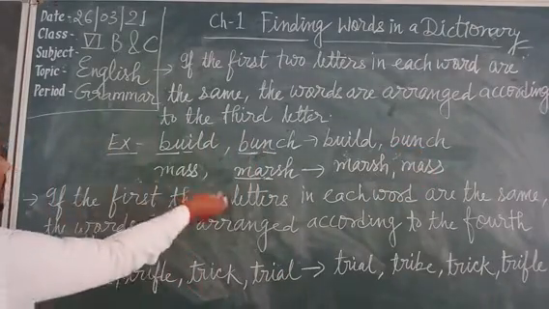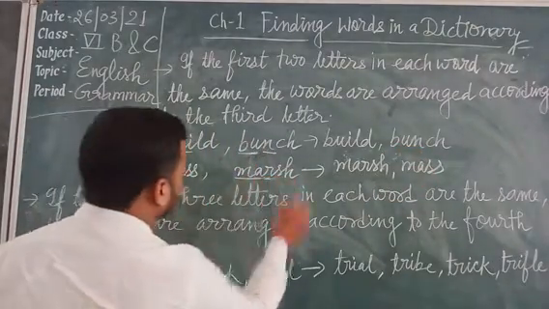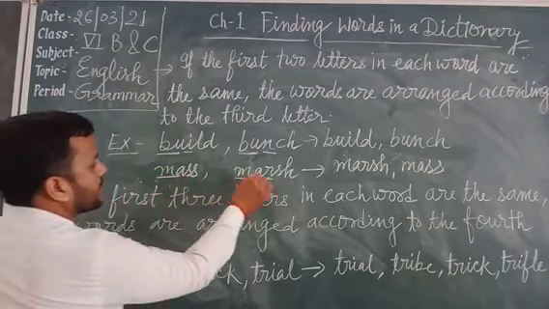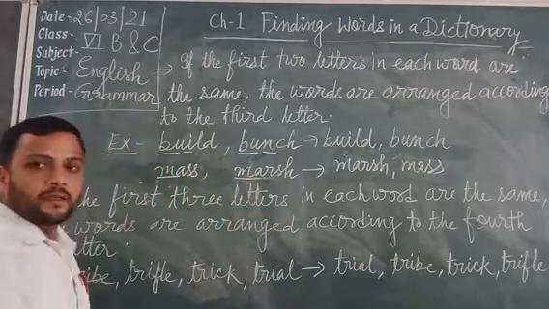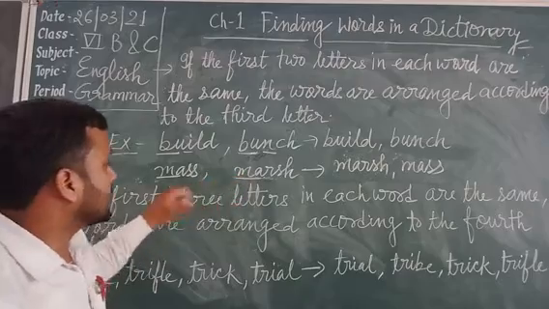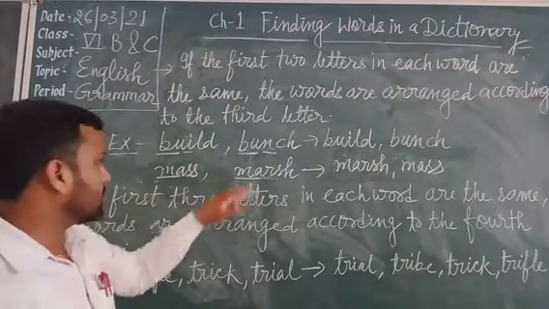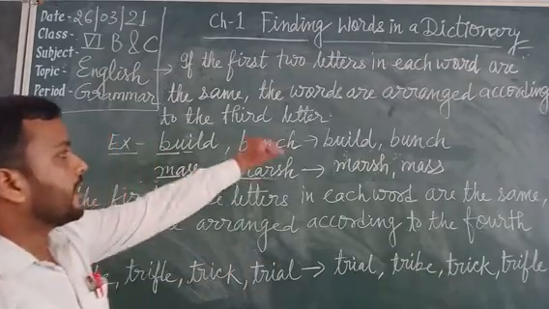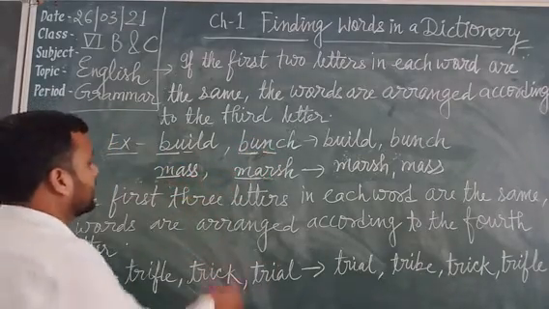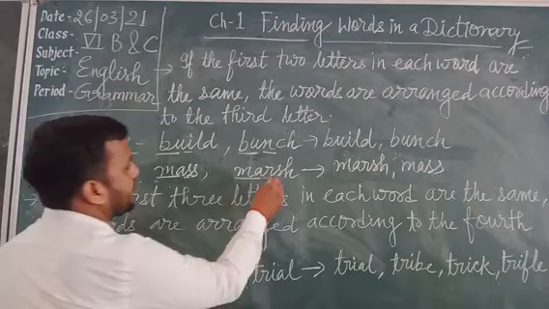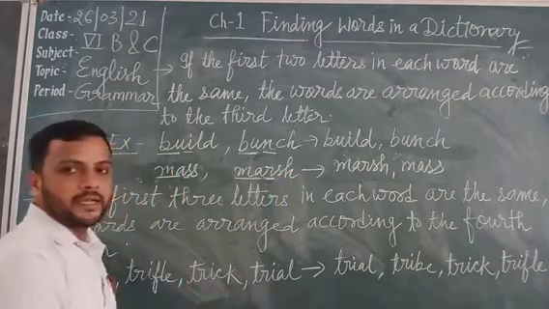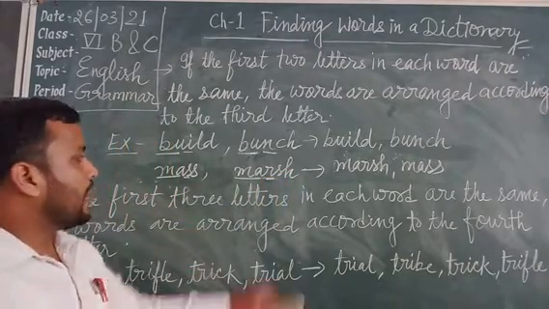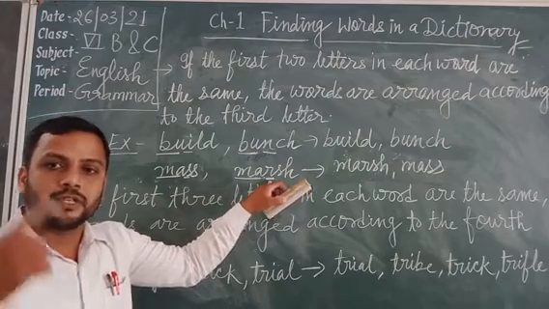See the second example. Mass and marsh. M-A, the first two letters, are the same in these words. So these words will be arranged according to the third letter. The third letter is S here, and here R. M-A-R, M-A-S. So R will come first in the alphabet.